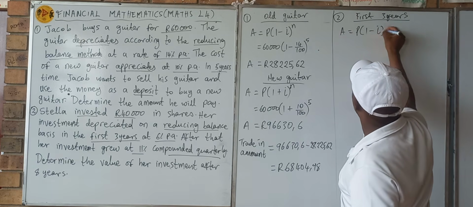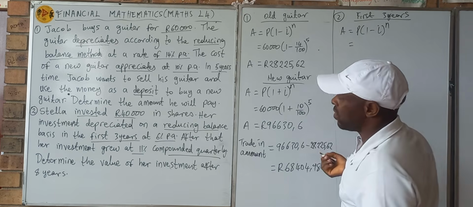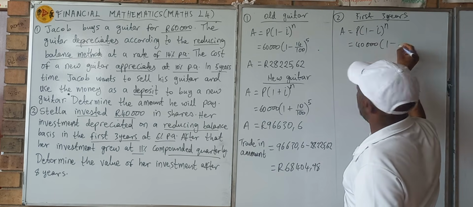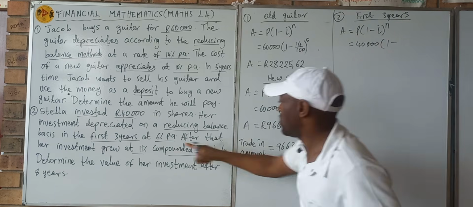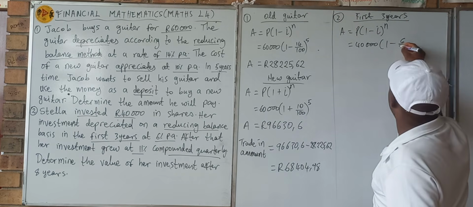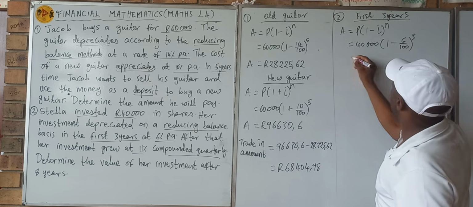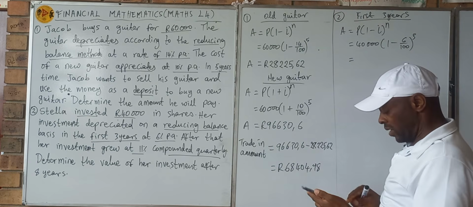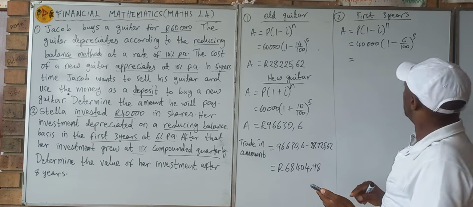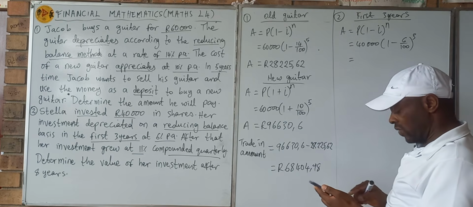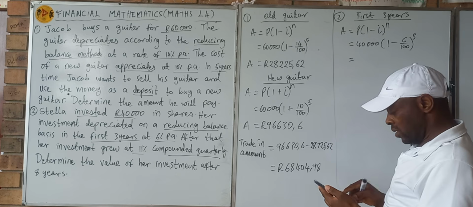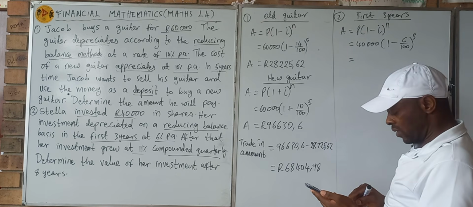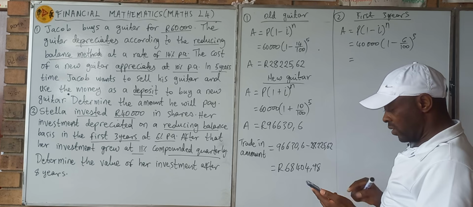So we know the formula for depreciation. The original cost of the shares was 40,000. The depreciation rate was 6% for 3 years. So we'll see what is the value of our investment after 3 years. So we'll get 40,000 times (1 minus 0.06).